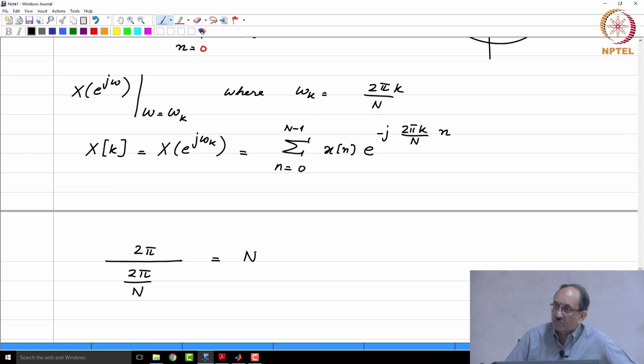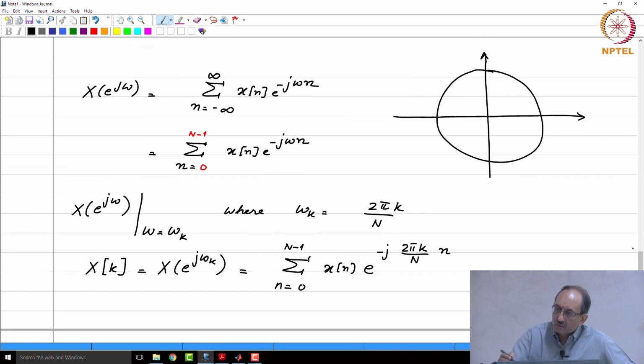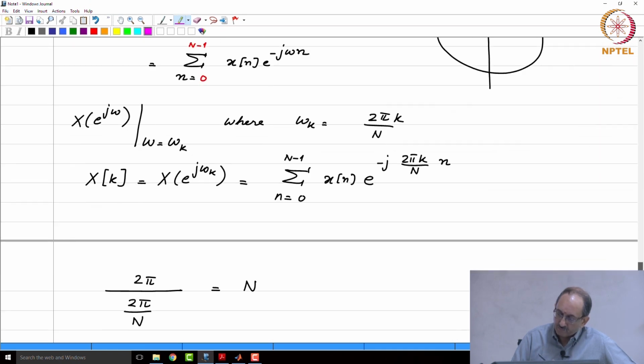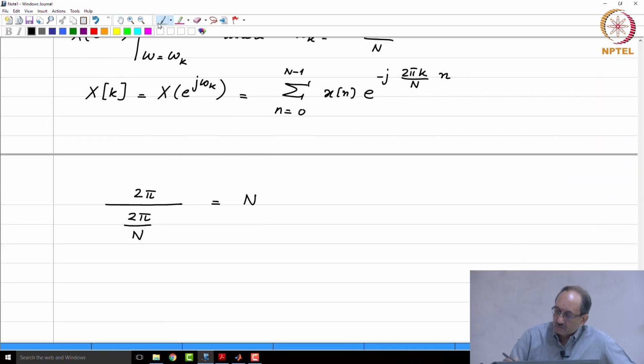Therefore, even though we started off by saying x of n is 0 outside 0 to N minus 1, which is what we needed to restrict the summation to this range, the moment you start sampling, it immediately introduces periodicity in the other domain, and that periodicity is exactly capital N. So everything is consistent, right. So this implies x of n equals x of n plus N.